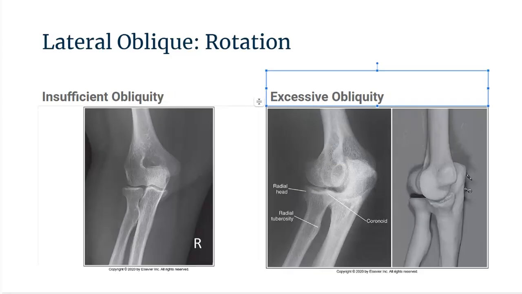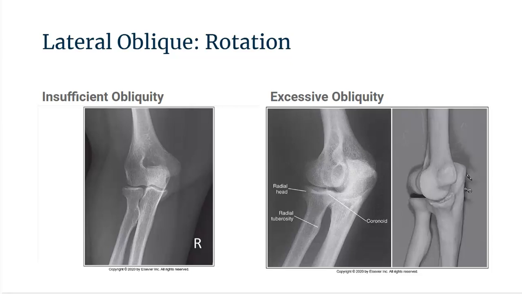So now let's discuss the lateral projection in terms of insufficient or excessive obliquity. Accurate positioning is essential for obtaining a proper lateral oblique elbow projection. The degree of obliquity affects the alignment of key anatomic structures.